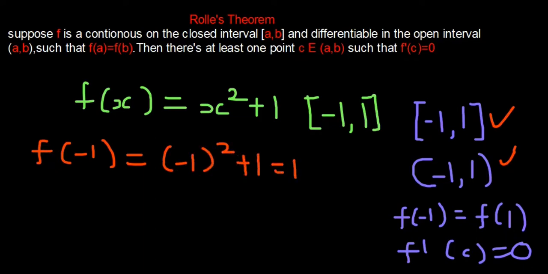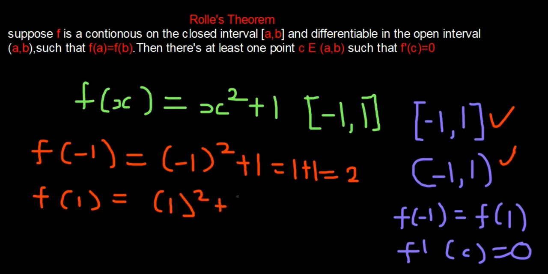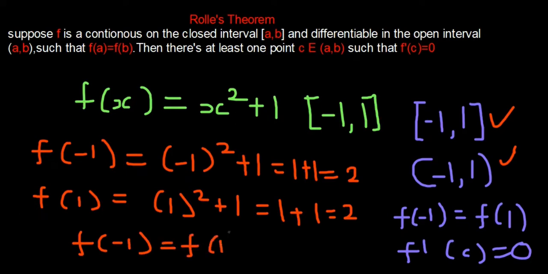This will give me 1 plus 1, which will be equal to 2. Now let's test for f of 1. For f of 1, I have 1 squared plus 1. This will also give me 1 plus 1, which also equals 2. Therefore f of -1 equals f of 1, and this equals 2. So the third condition also holds.